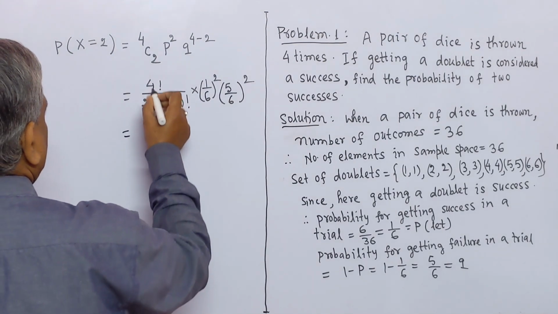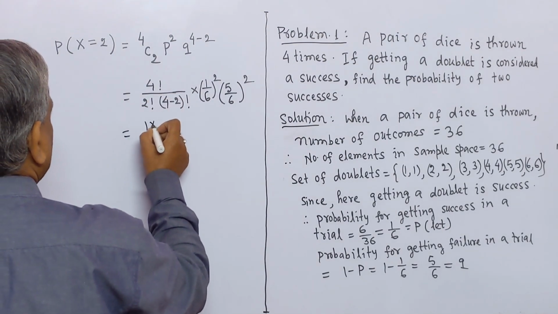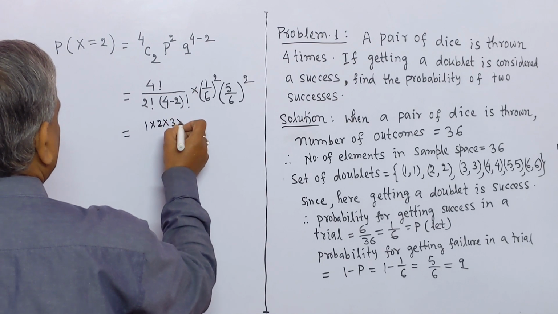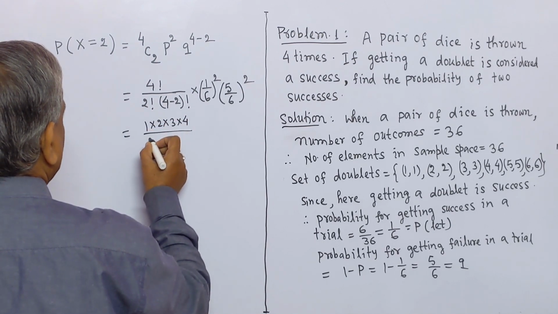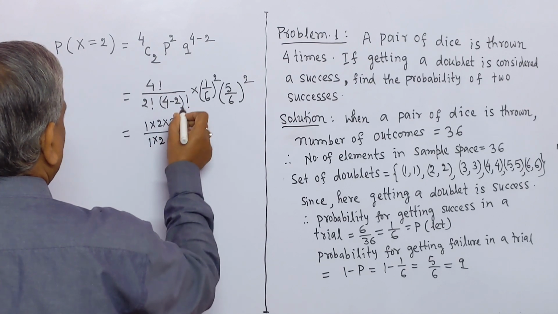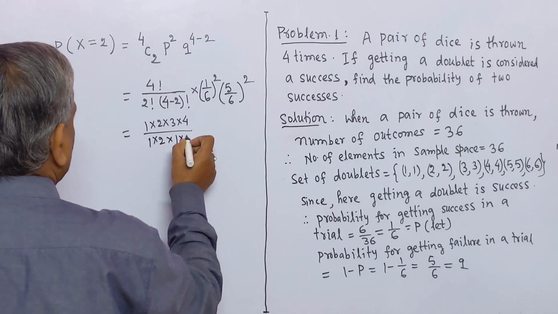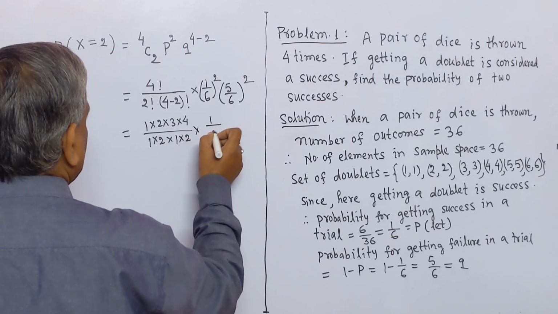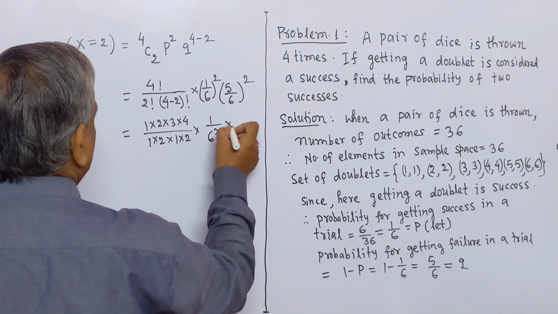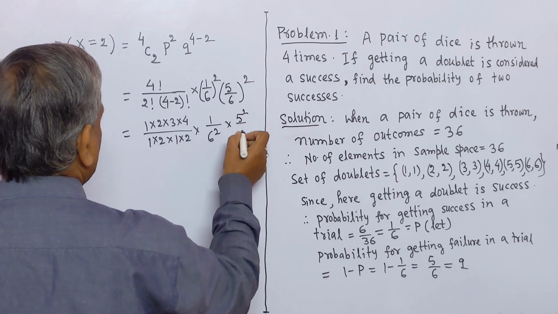Here factorial 4 means 1 multiply 2 multiply 3 multiply 4. Here factorial 2 is 1 multiply 2, and here also 1 multiply 2. Here 1 by 6 square multiply 5 square by 6 square.